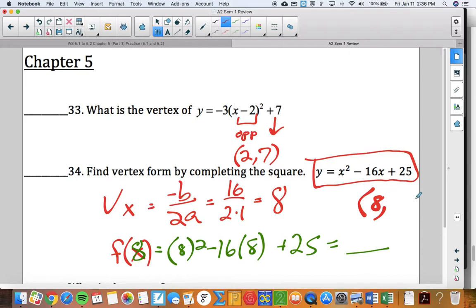And so when you do that, you get y is, I think, -39. So there is the vertex of this function, 8, comma, -39. Cool beans.